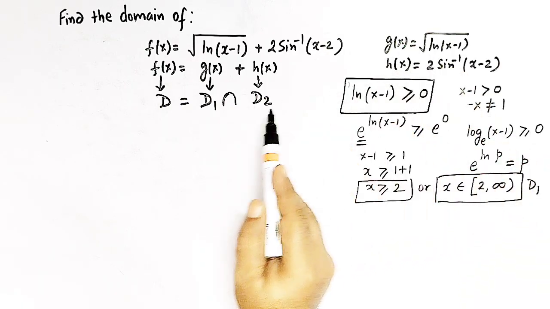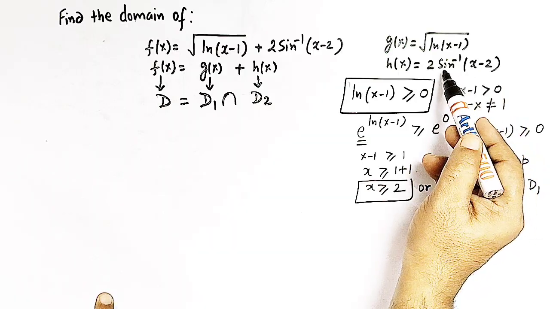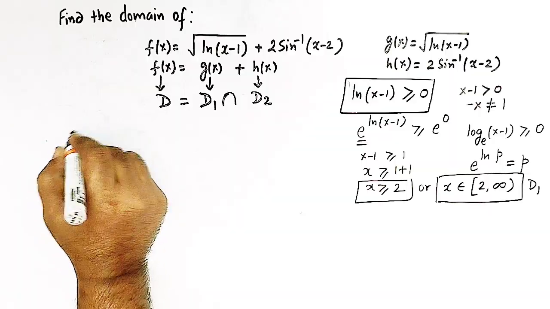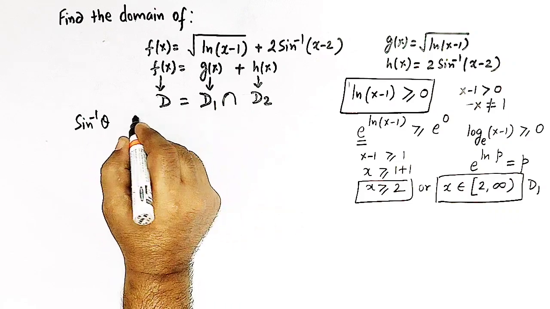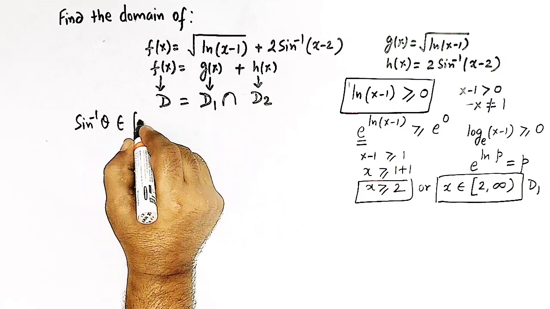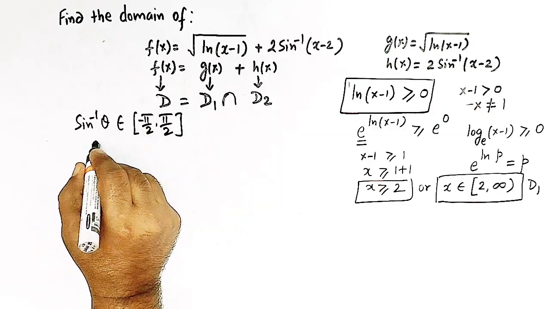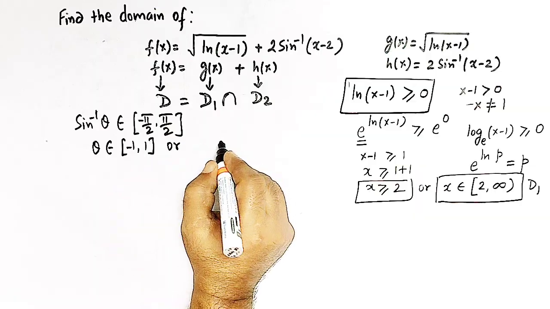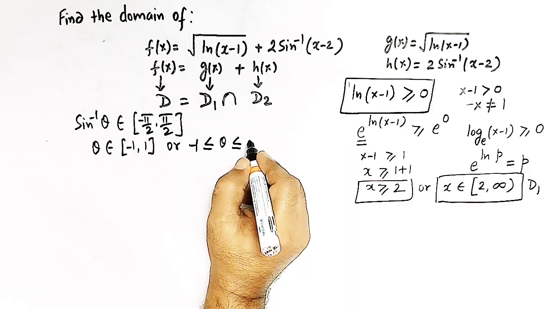So now let us find out d2, the domain of h of x. So now here we have the inverse sine function, right? And we know that the principal value branch of say sine inverse theta belongs to the interval minus pi by 2 to pi by 2, provided theta belongs to the interval minus 1 to 1, or we can write theta greater than or equal to minus 1 and less than or equal to 1.